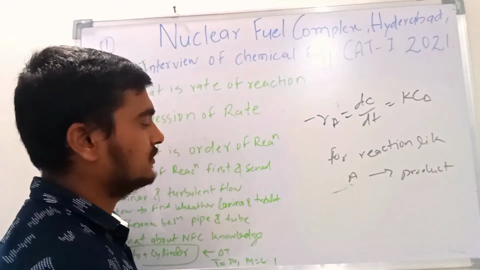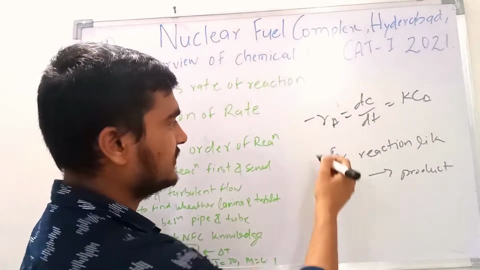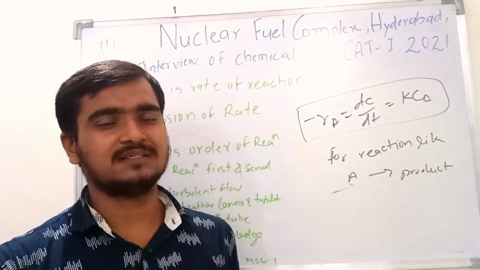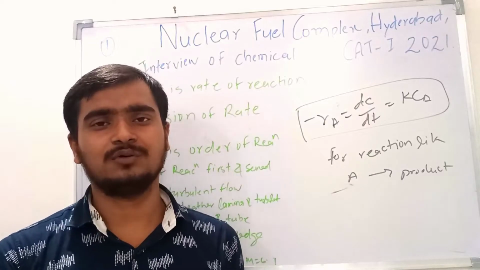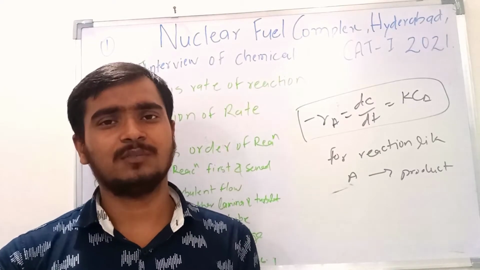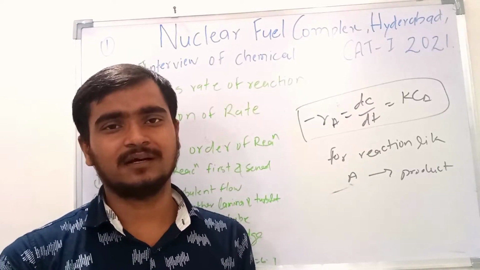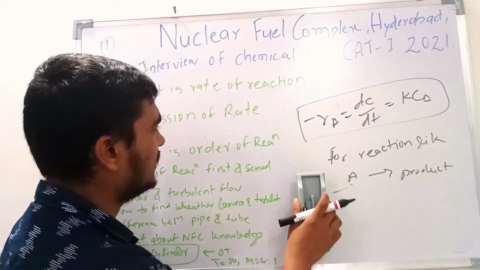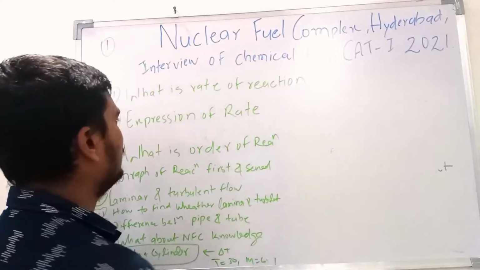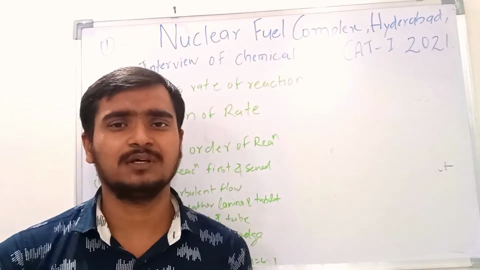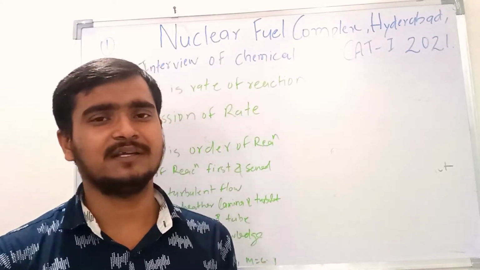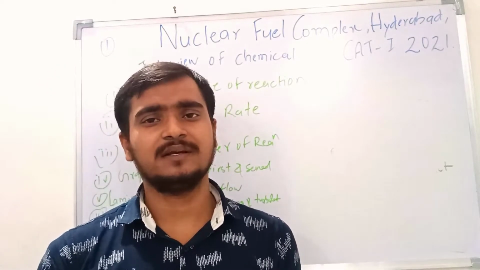You can easily define it by this method, and you can also give the definition: for a unit amount of substance and unit time, how much reactant is converted and how much product is formed is called the rate of reaction. Then they ask about the expression of the rate of reaction: in how many ways you can express it.